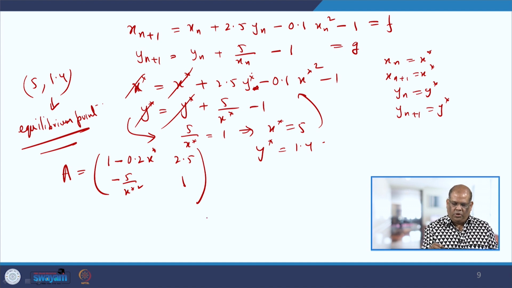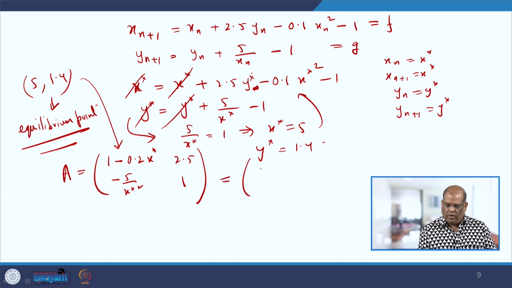And when you substitute the value of x star, you will get this matrix to be 0, 2.5, minus 0.2 and 1.